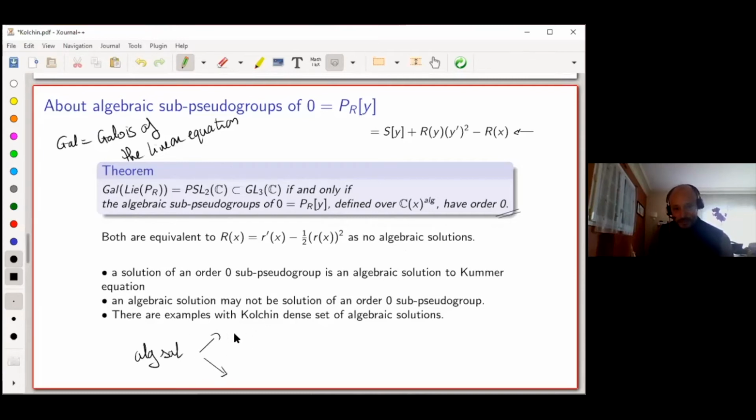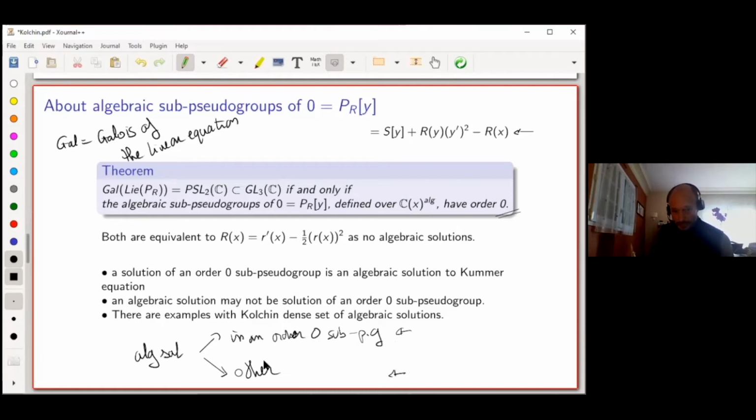You have the ones that are in an order 0 subgroup, pseudo group, and you have the others. And these ones are quite easy to understand. There are not a lot. You cannot have infinitely many of them, but the others are quite challenging to understand.